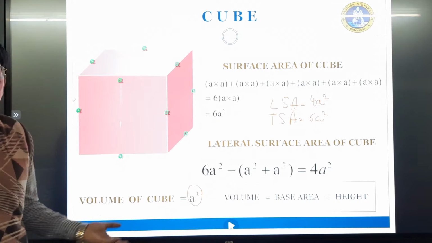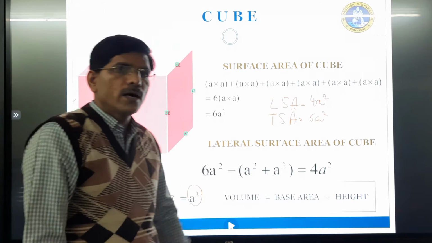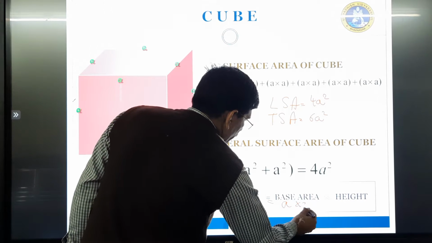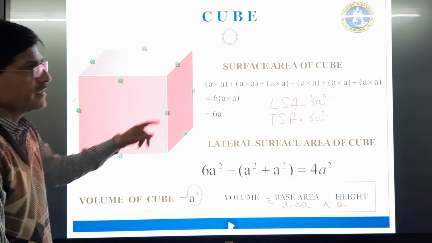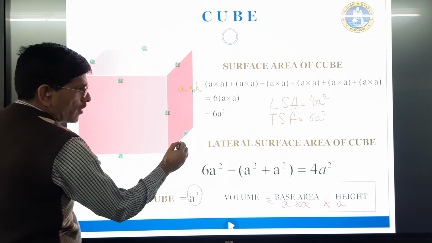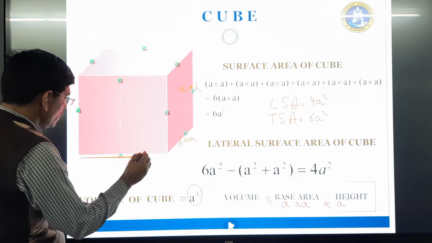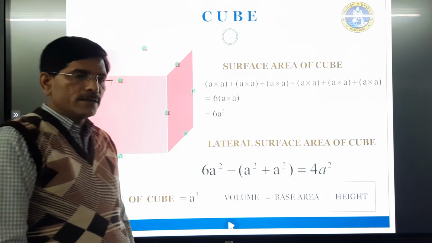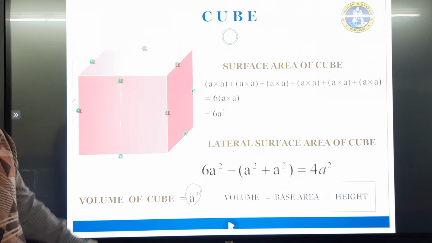Now volume of a cube. Volume is the space occupied by an object. So base area into height. Base area is A into A, and height h is also A. Height is A, breadth is A, and length is A. So the volume of a cube is A cube.